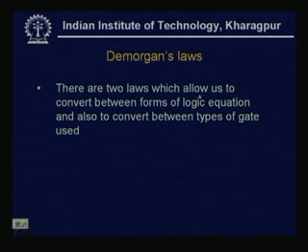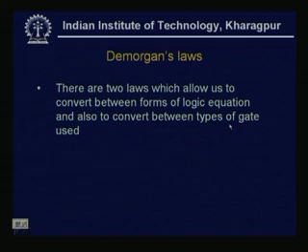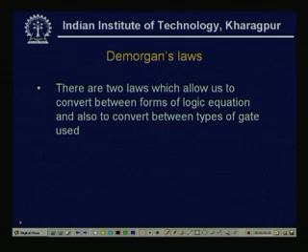See, there, first is convert between forms of logic equation and also to convert between types of gate used. That means, the plus is replaced by dot means nothing but the conversion between two types of gate, AND and OR.